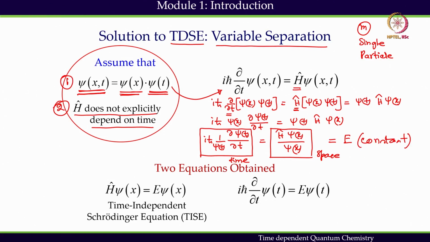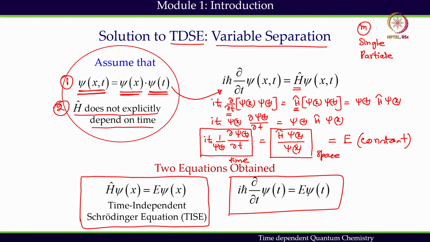Once we take this constant, we will be able to separate these two variables, and we get one equation like this, that is called the time independent Schrodinger equation. Another one we get is the time dependent part, this part. So, this part comes here and this part comes here. In the time independent Schrodinger equation, H psi equals E psi, there is no time dependent part. This equation is an important equation, called the eigenvalue equation.